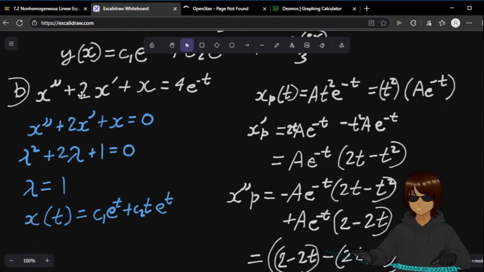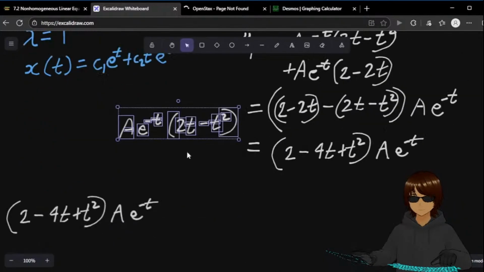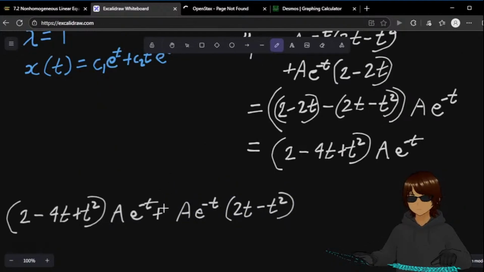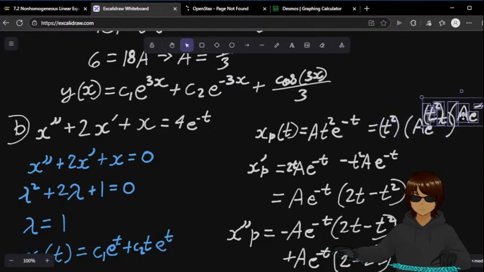Square plus 2 times all of, plus 2 times that, right? So I will 4 and minus 2. And then plus x.